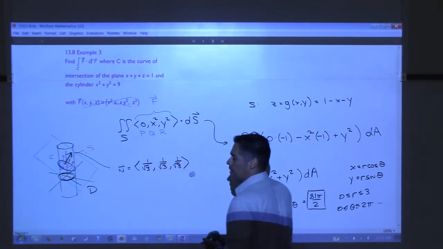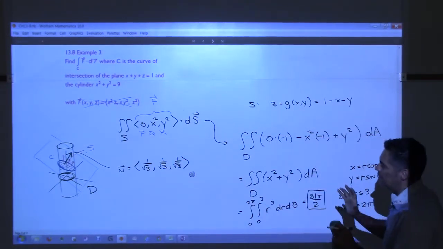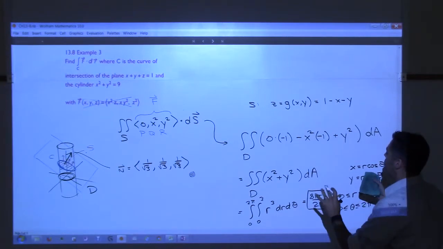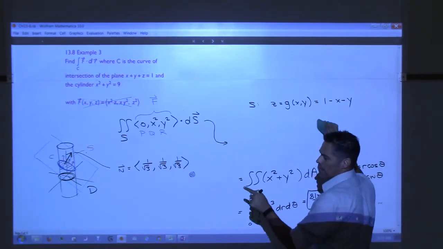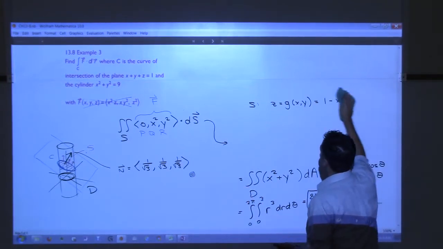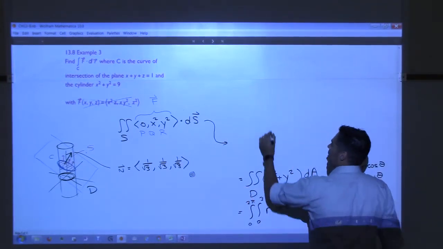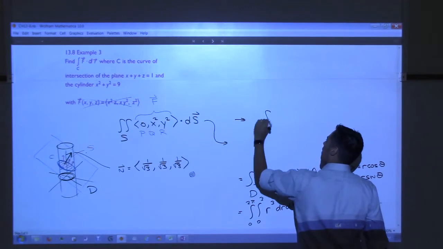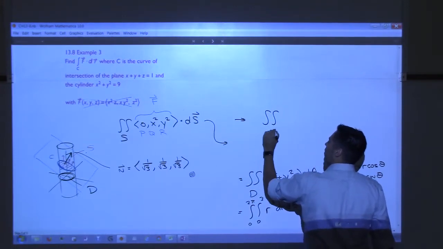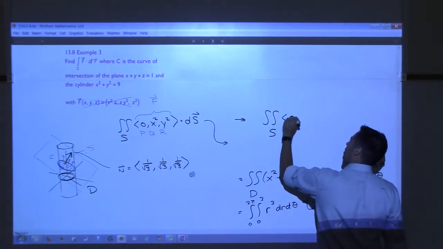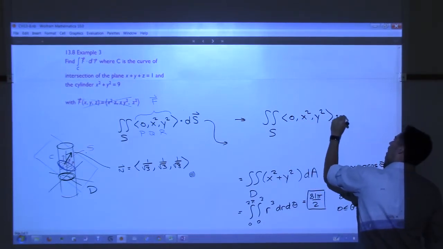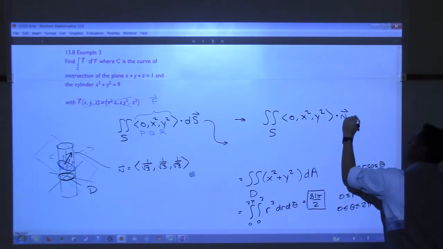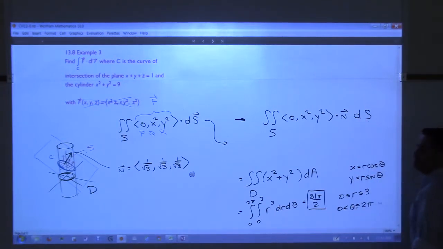Okay? Here's the issue if you did that, though. Let me just show you. Had you not done this, you need to know what the surface area of that is. So if I did this instead, double integral over S of this dot n ds, that's what that would become.